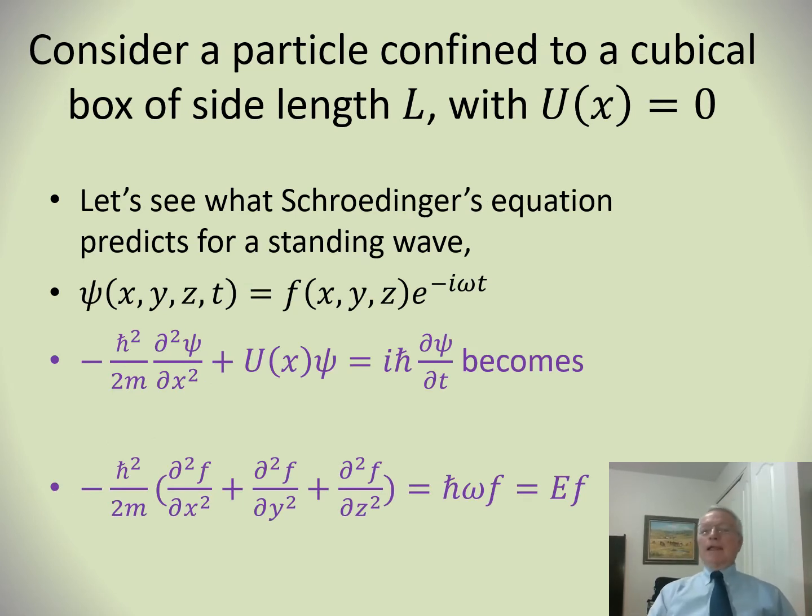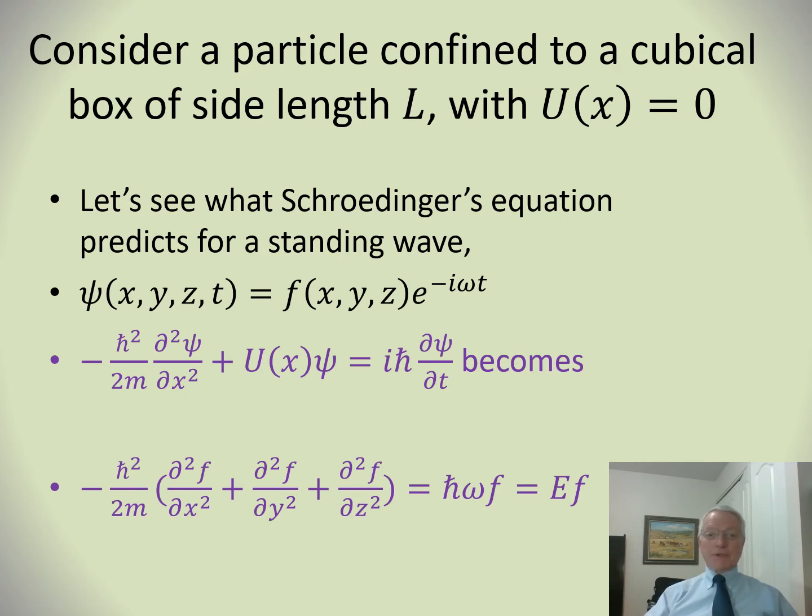Let's see if we can get at least a little bit of a feel for how it works. So consider a particle confined to a cubical box of side length L. It's got no potential energy inside the box, and the potential energy at the sides of the box is infinite, which makes it impossible for the particle to escape.